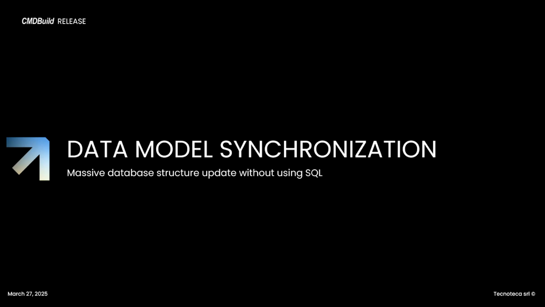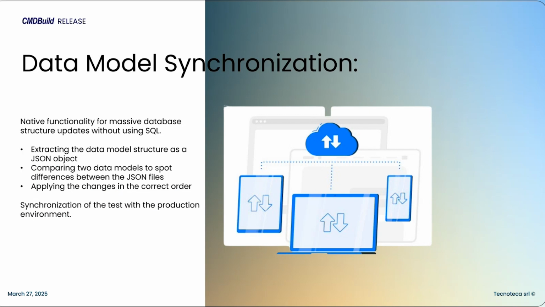Another interesting plugin available for customers is the data model synchronization tool, a feature that I believe will save a lot of headaches for those of you who develop data models in CMDBuild. This new plugin offers the following capabilities. First of all, extracting the JSON definition of the data model.